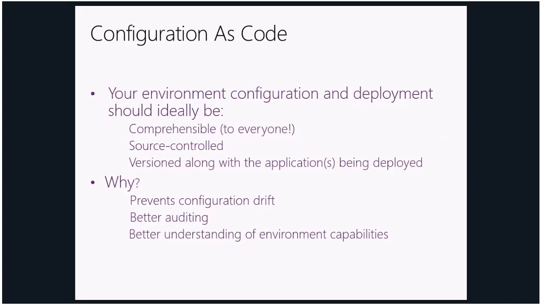If you give a member of the ops team a PowerShell script and say, how does this look? They're going to look at it like it's written in a foreign language, you know? So having a comprehensible environment configuration and deployment is really useful for being able to review your environment configurations across the board with everyone involved in the process, which is what DevOps is all about, breaking down the barrier and communicating between developers and operations.